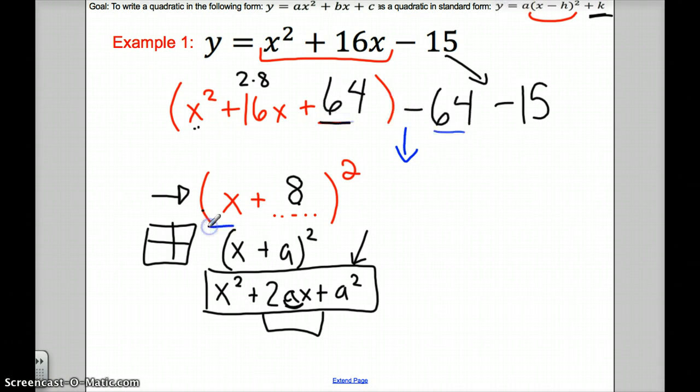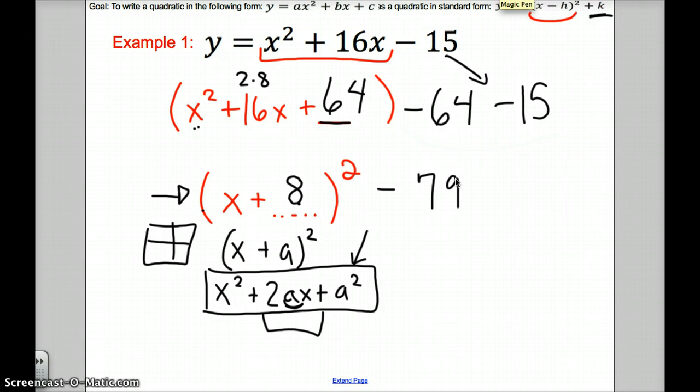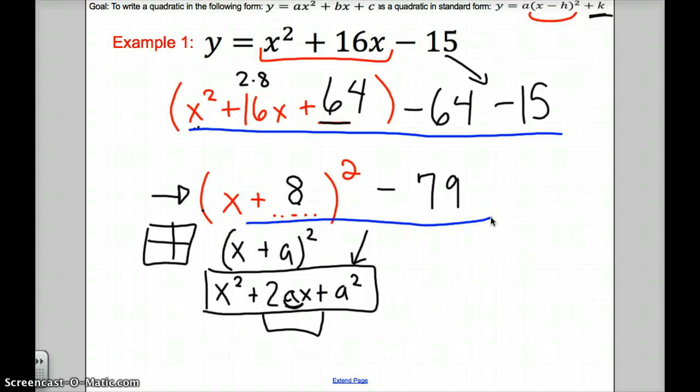This value right here, in order to make it equal, well, I know this is equal to this, but now I need to rewrite that a little bit simpler. So that can be written as negative 79. Now I can claim the following, that this value here is equal to this value here. And of course that means it's equal to the top one up there. So these are all equivalent statements.